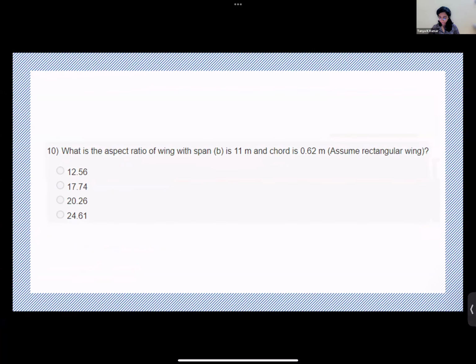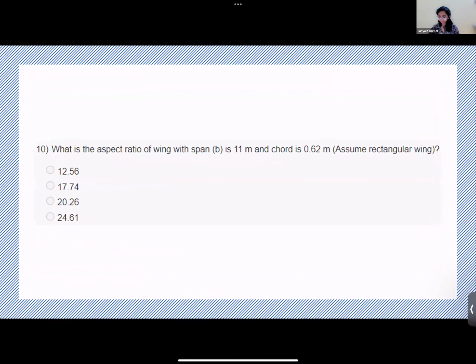What is the aspect ratio of a wing which has span 11 meter and chord 0.62 meter? Assume rectangular wing. This should be very simple. I've asked you aspect ratio.